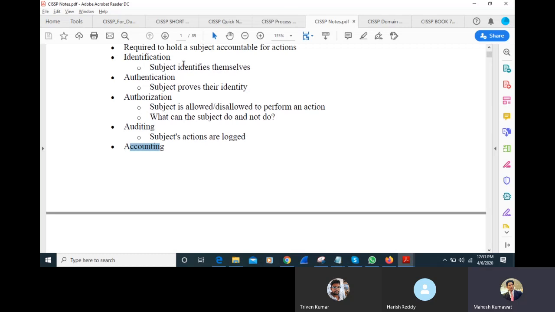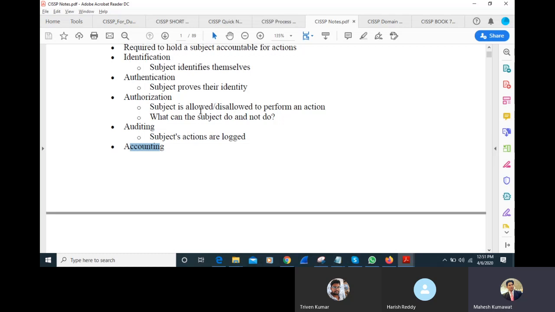Username and password is identification, and then how you log in to the particular directory is authentication, with LDAP or Kerberos and similar protocols. What you can do and what you cannot do is authorization, and the logs are available.